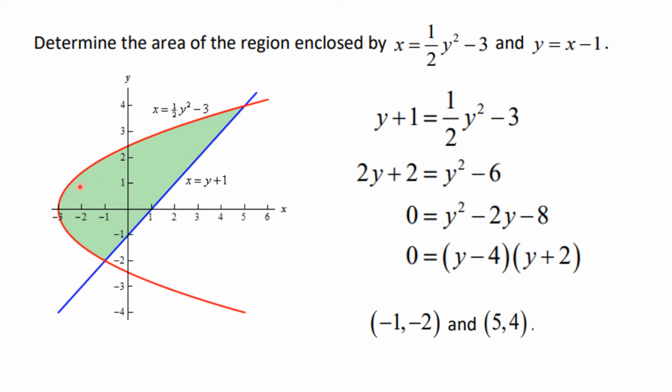But in this problem, if I'm doing dx, the function that is on top is this upper branch and the lower branch till you get to this value of x. And then the rest of the way out, this function is on top, and the function that's on the bottom is this one if we're integrating dx.